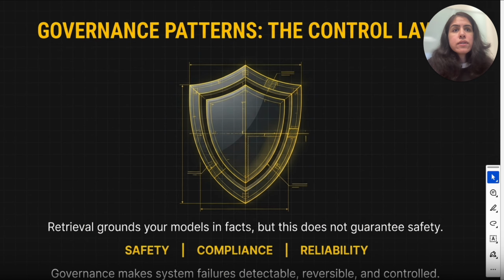Retrieval grounds models in facts, but grounding alone doesn't guarantee safety, compliance, or reliability. Governance patterns are the control layer that keeps AI systems stable in production. They make failures detectable, reversible, and controlled.